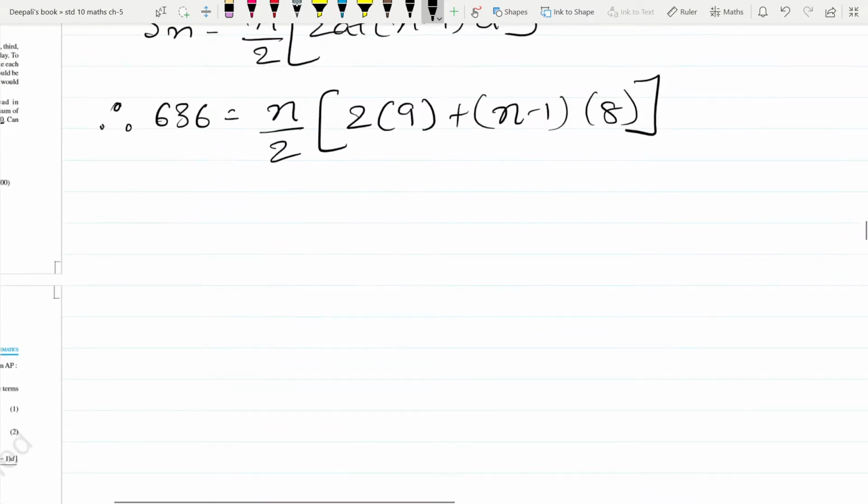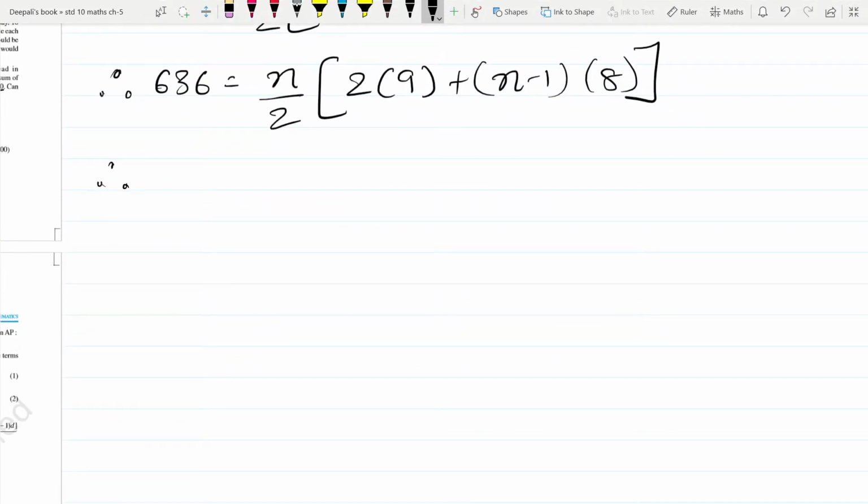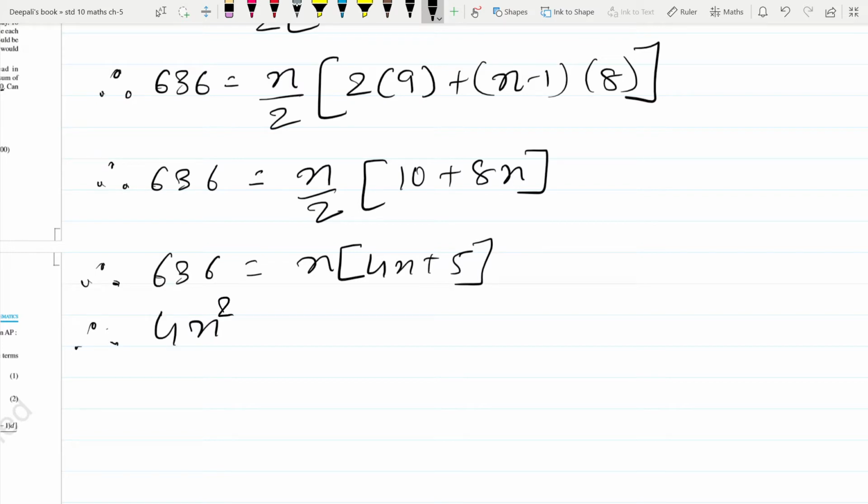When I solve this equation, I get 636 is equal to N upon 2 into 10 plus 8N. Therefore, 636 is equal to N into 4N plus 5. So I get 4N square plus 5N minus 636 is equal to 0.